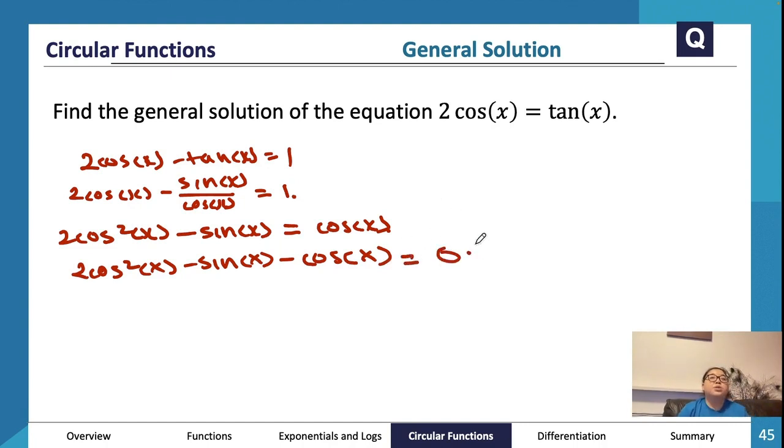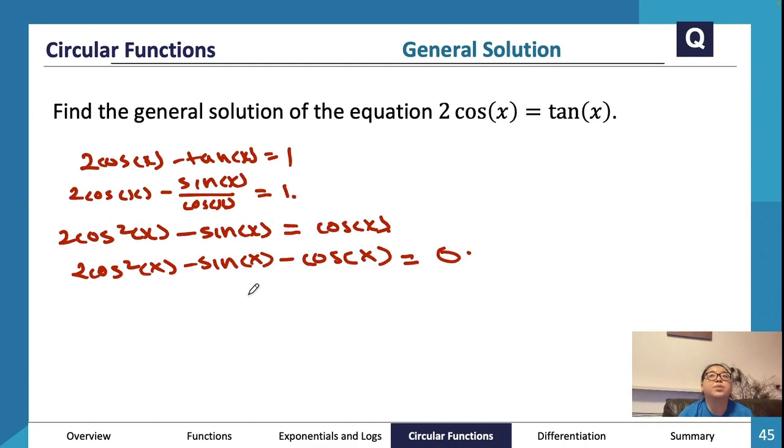Cool. So then what we can do after this is consider how we can group the different things together, because now we have our cos x's and our sine x's all together. So we have our 2 cos squared x.